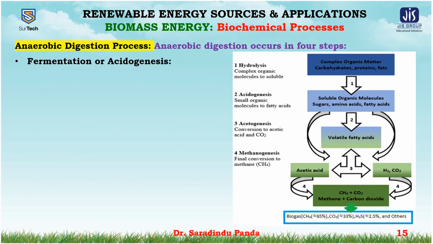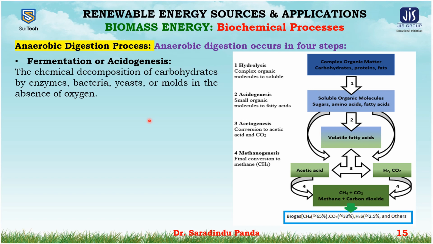Now come to the second step, that is called the fermentation or the acidogenesis. In this process, the chemical decomposition of the carbohydrates occurs by enzymes, bacteria, yeast or molds in the absence of oxygen.